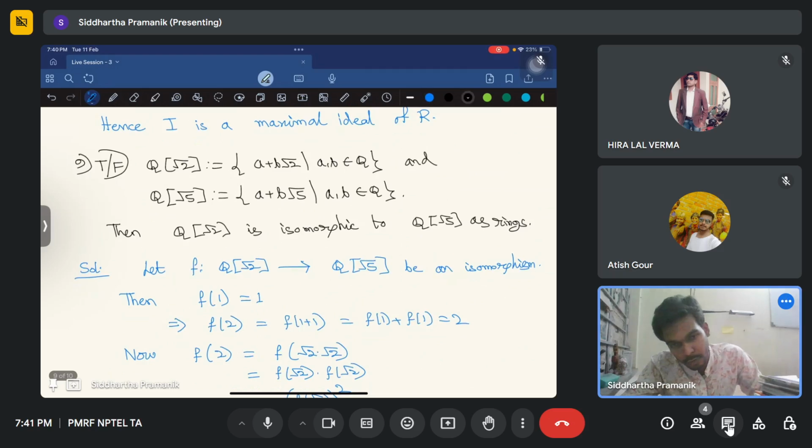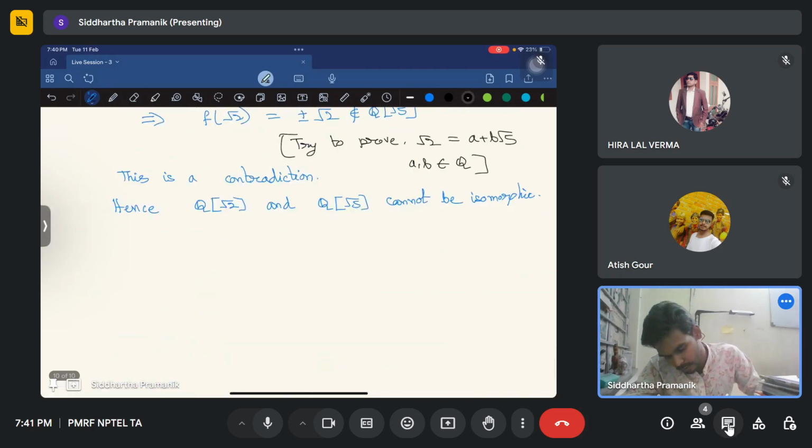Okay, one more easy problem related to this isomorphism. You consider the ring of all complex numbers C and consider the ring of all real numbers. So are they isomorphic? So the statement is C and R are isomorphic as rings.